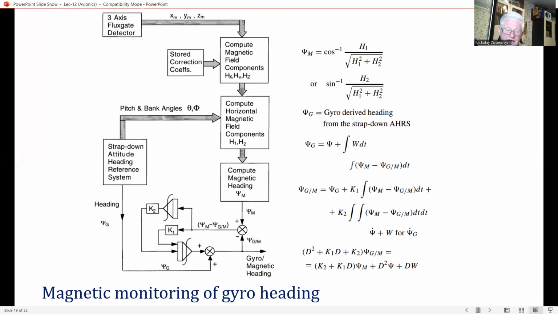And in this case, psi G, the gyro-derived heading, will be expressed as the psi true heading angle plus the integral of W times dt. W is the gyro drift rate. The next expression we're using is psi J over M, the gyro or magnetic heading.